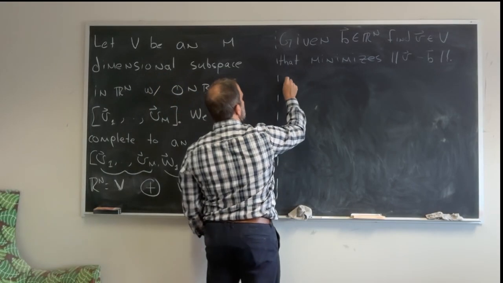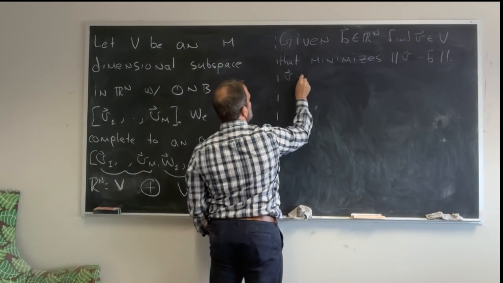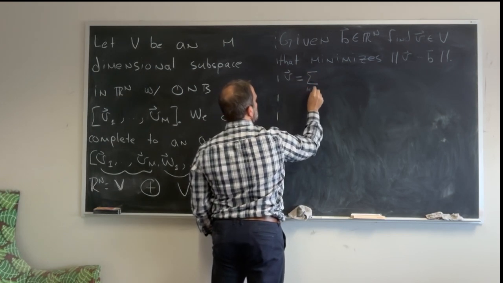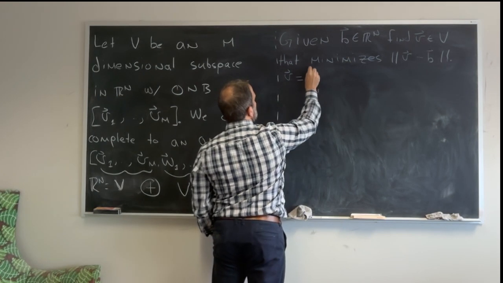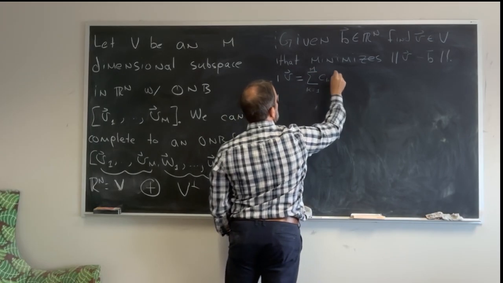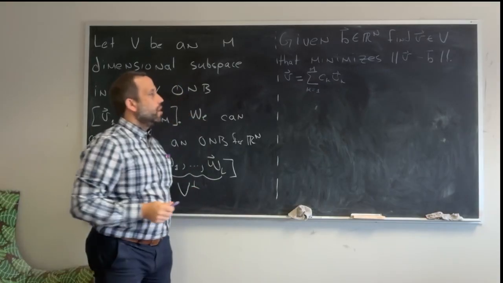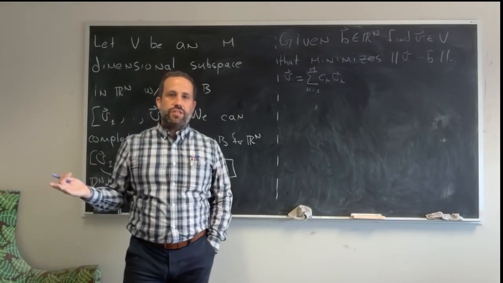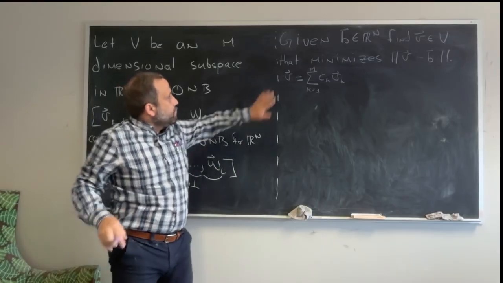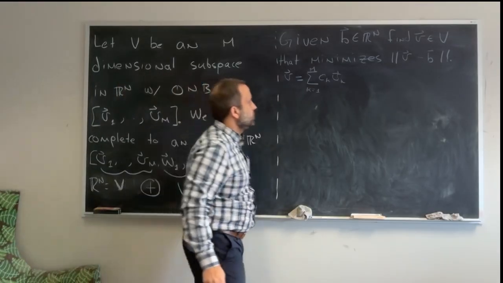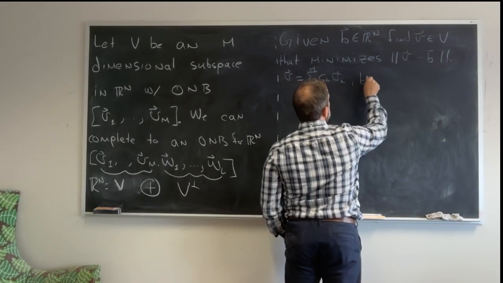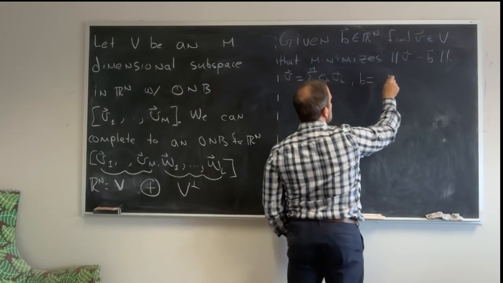So note that v can be written in the following form: the sum for k equals 1 to m of ck vk. We don't know what the ck's are, but we know that if v is in the subspace V, it can be written in this form. And then b can be written in the following form.